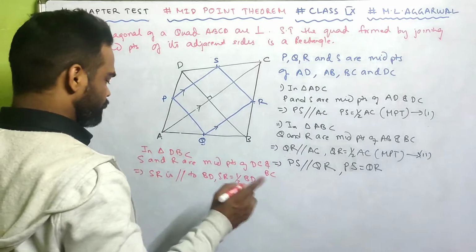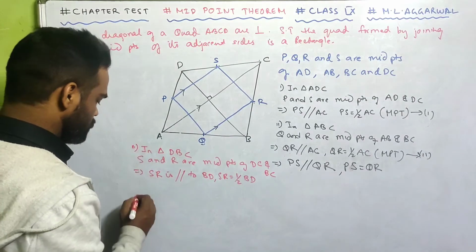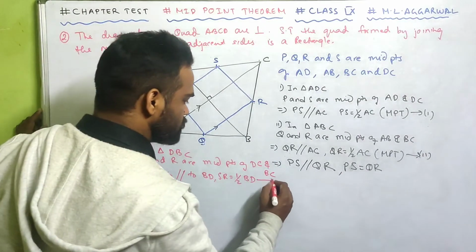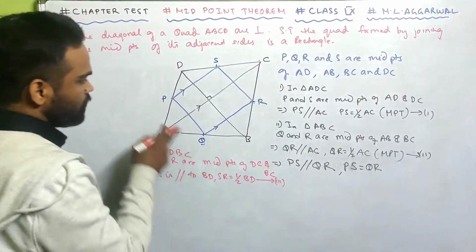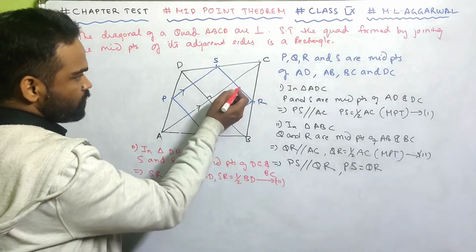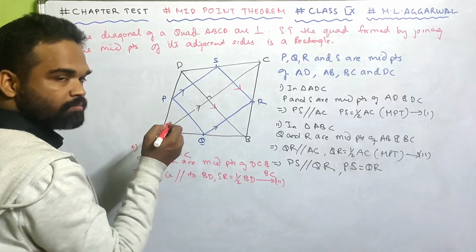Yes or no? Now look, one more. This is suppose 3. So this is parallel to this.